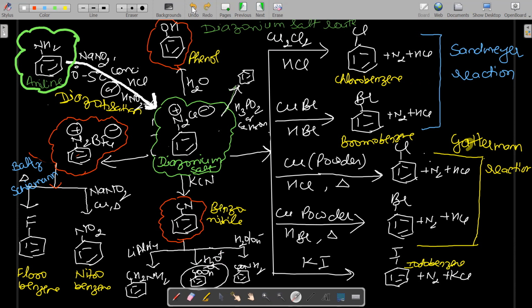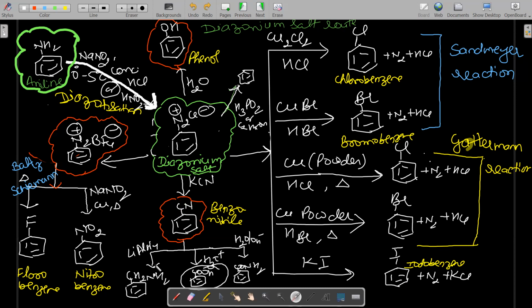Already I've written H3O plus, you can see over here, right? And this H3O plus hydrolyzes it to form benzoic acid. Okay, so there is one reaction when diazonium salt reacts with KCN to form benzonitrile, that is cyanide.